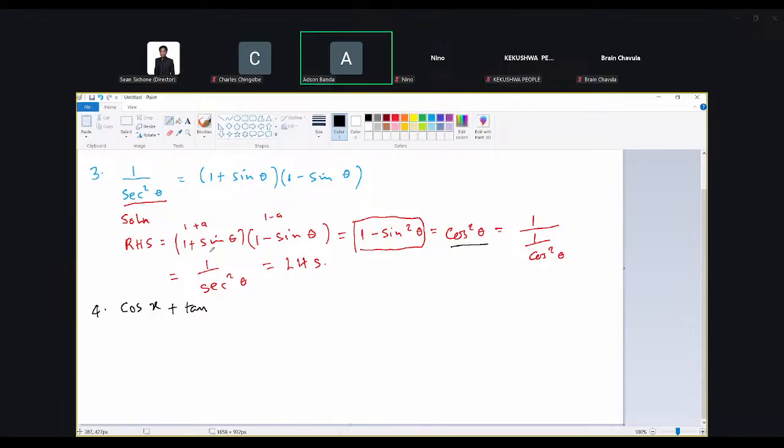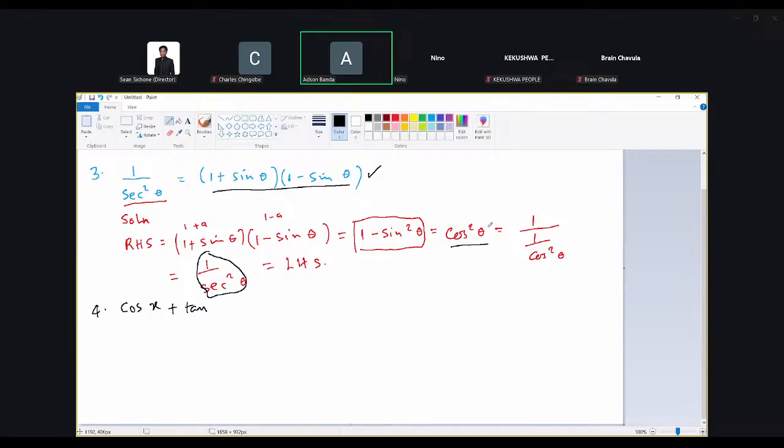So the left-hand side is what we have here from our question, which is this one. So the left-hand side is 1 over sec squared theta. And the right-hand side is what we have there. So if you have followed, what we are saying is that we can start from the right-hand side, which is what I've written here, expand, and use the identity for us to be able to get to the left-hand side.